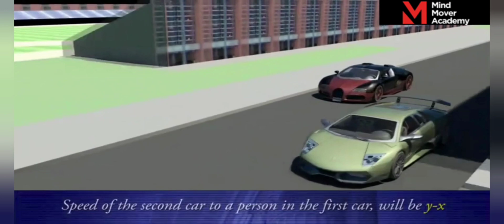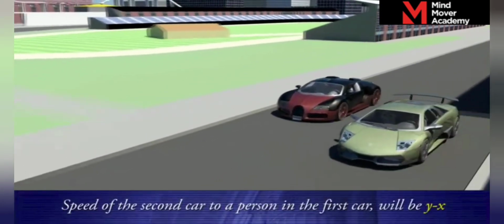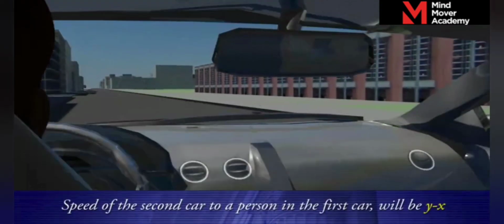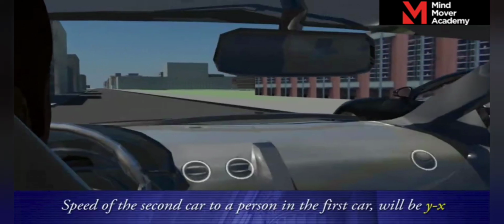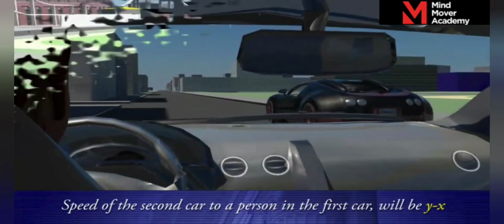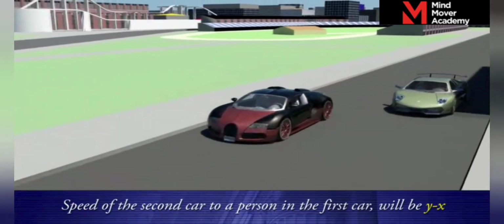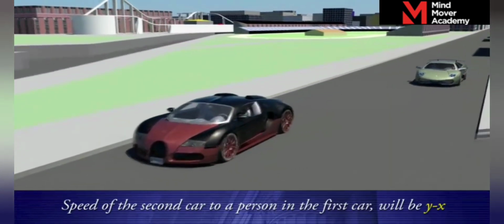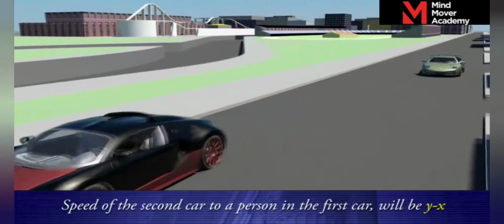Then, the speed of the second car to a person in the first car, that is, moving with speed x, will be y minus x from the previous discussion.